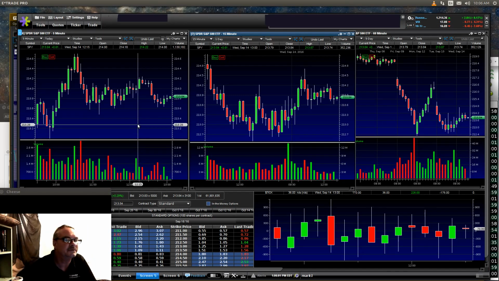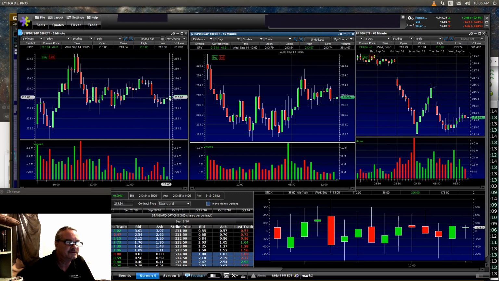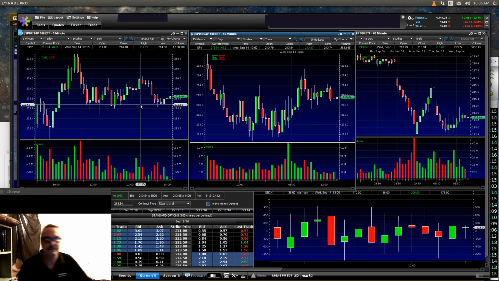Well, if we can get above the 214, it's only a 10-cent move. I'm not sure that's enough to justify a trade. I'm fairly confident it'll move above the 214.